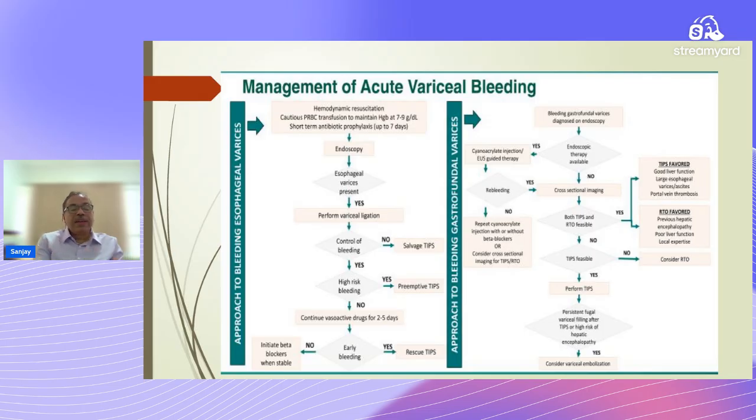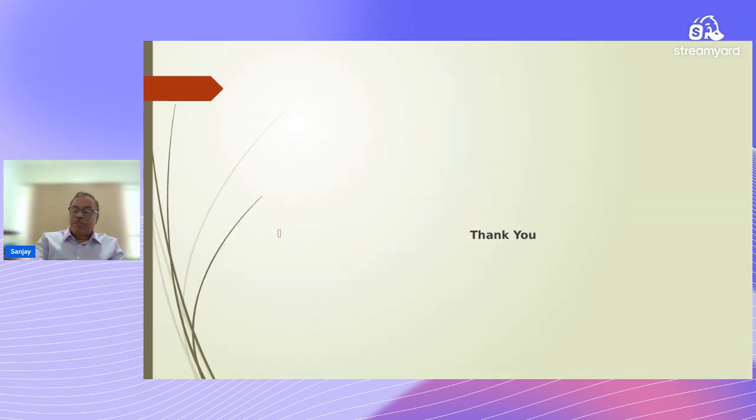If it is a high-risk case after risk stratification, then offer the patient a preemptive TIPS. If the bleeding is not controlled on endoscopic management and the patient continues to bleed, then you must do a salvage TIPS. That is the flow chart for acute variceal esophageal bleeding.